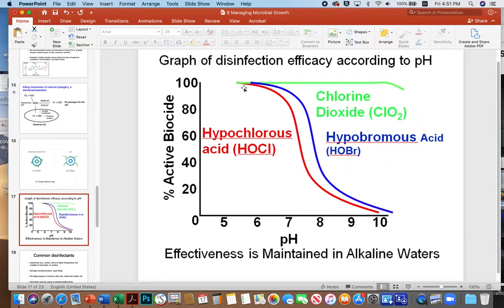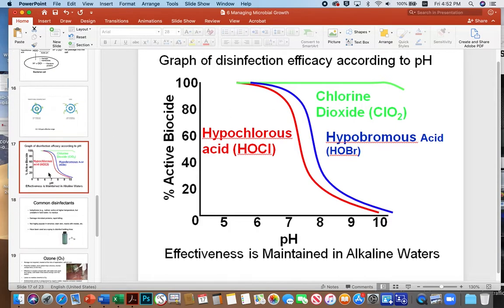And so the percent activity of hypochlorous acid, as I just said in the previous slide, drops dramatically as your pH increases. Same with hypobromous acid. However, chlorine dioxide retains 100% activity at a wide range of pHs. And so again, it's a preferable chlorine-based alternative.